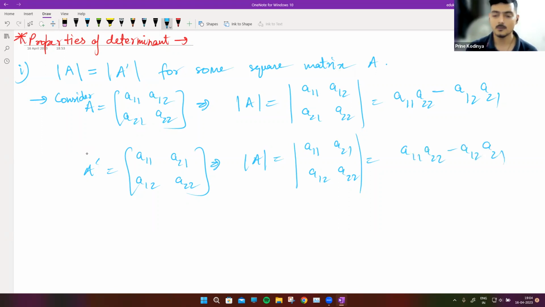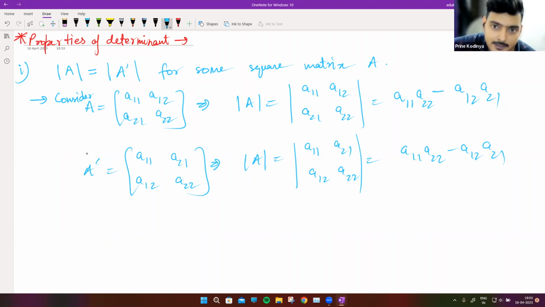Also think about it like this. Let's say you have a 3 cross 3 determinant and you are trying to find its value. You can expand it along any row or any column, right? When you interchange rows and columns, rows become columns and columns become rows.